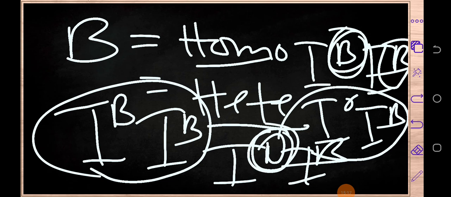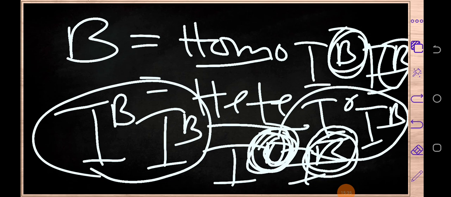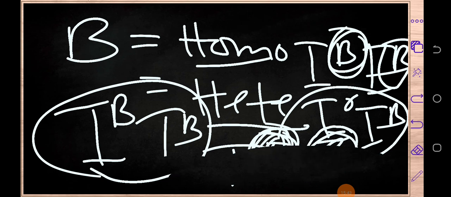Hence, even if someone has this O, the allele for blood group O, when that person is tested, the result will show that the person has blood group B. Because this B, the allele for blood group B, is suppressing this O. Hence, the phenotype will show that this person has blood group B. So, that is what it is.